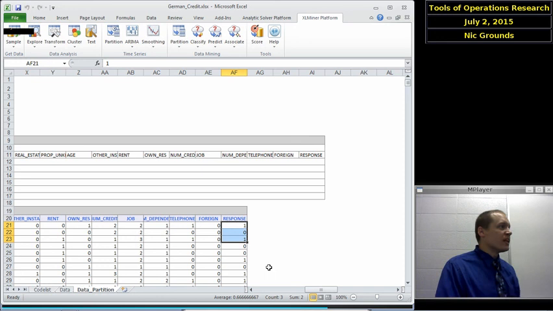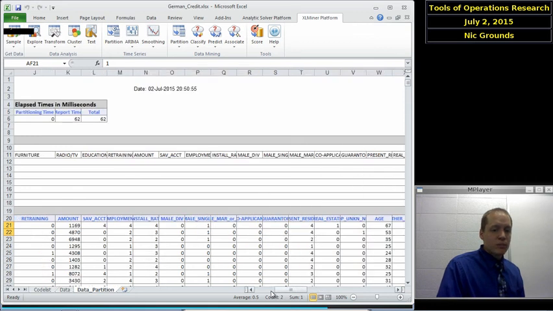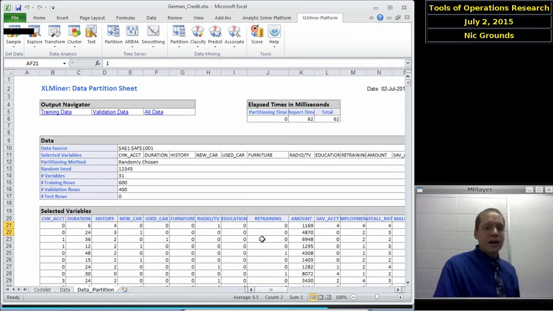Which wouldn't have any meaning, because we need to know yes or no, did they get the loan. That's a categorical thing. Even though it's encoded as 0 and 1, it's categorical. So we want to use a classification form of the k-nearest neighbors algorithm.